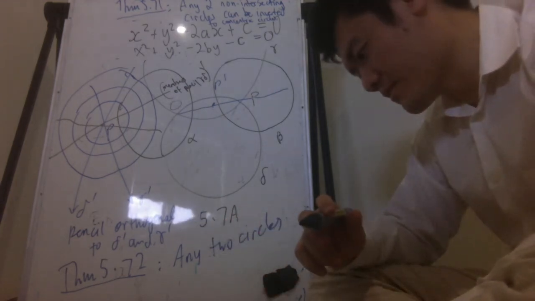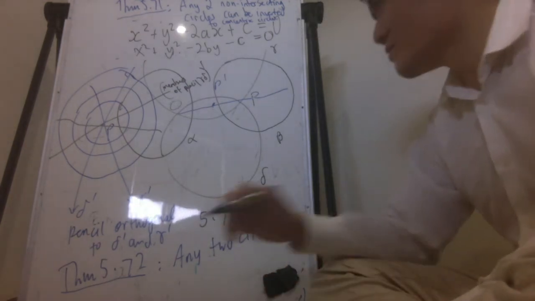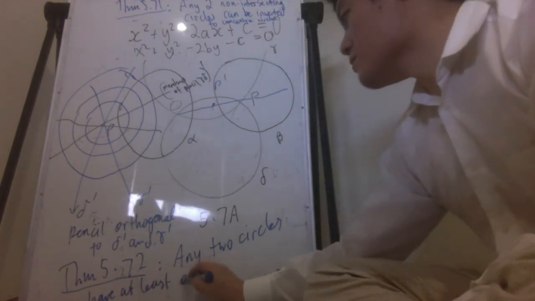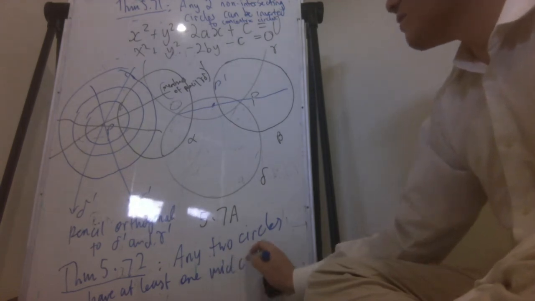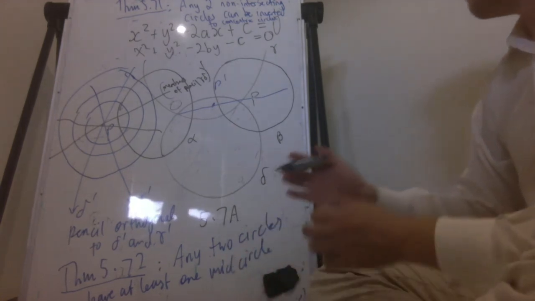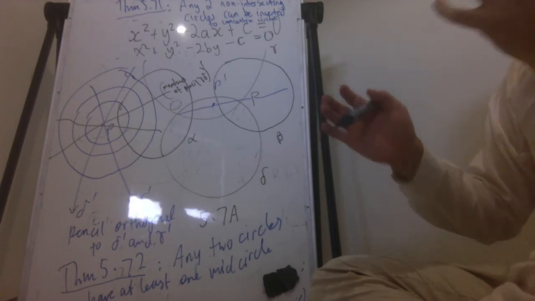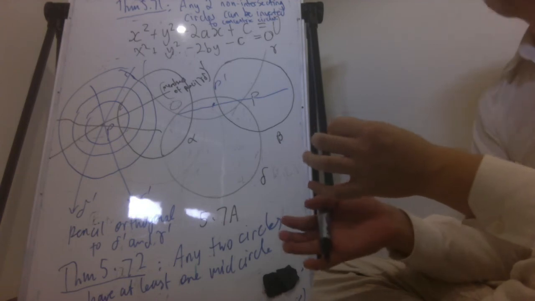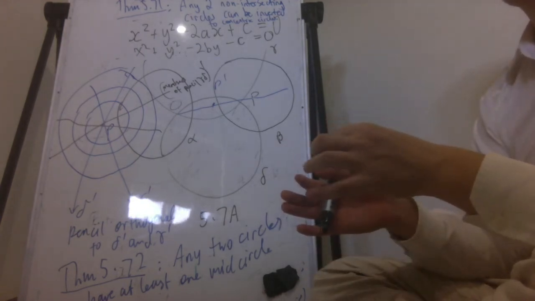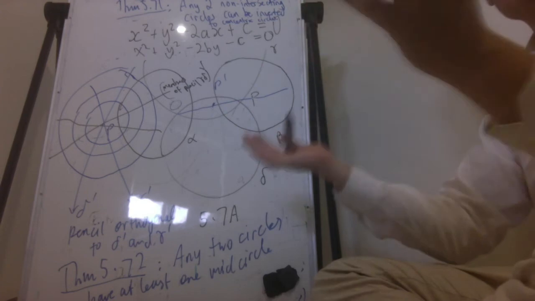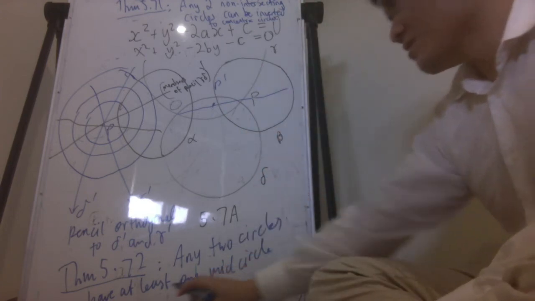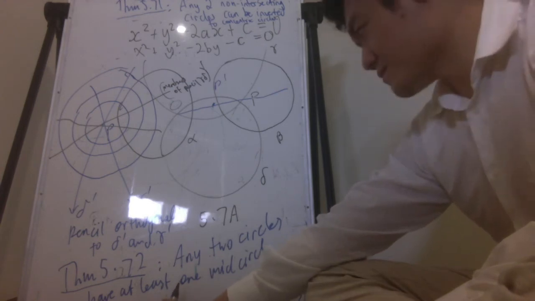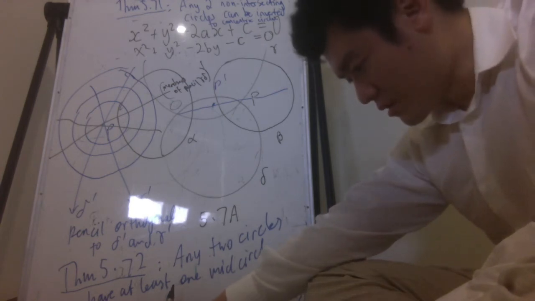A mid-circle is a circle you invert about to get the other two circles into each other. That's what we got stuck on, what a mid-circle was, yeah?